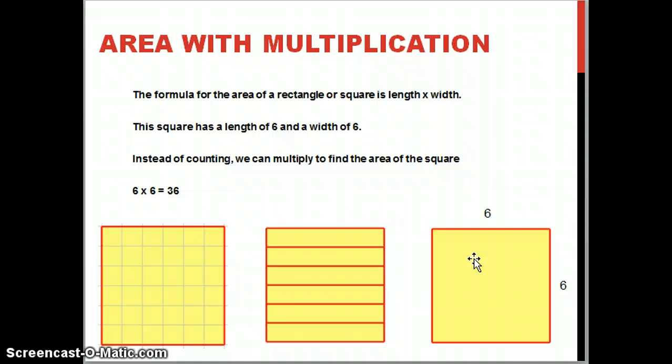Now that we've talked about area with the unit square, we're going to talk about area with multiplication. There's a formula to find the area without having to count all these squares inside of here. This square has a length of 6 and a width of 6. Instead of counting all these squares, we can multiply to find the area.